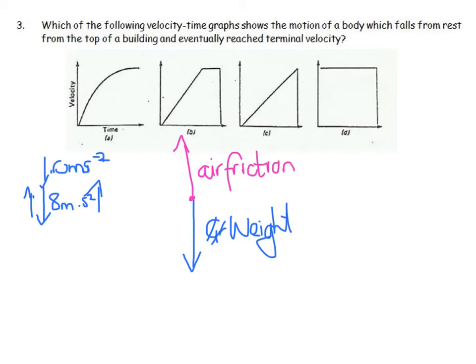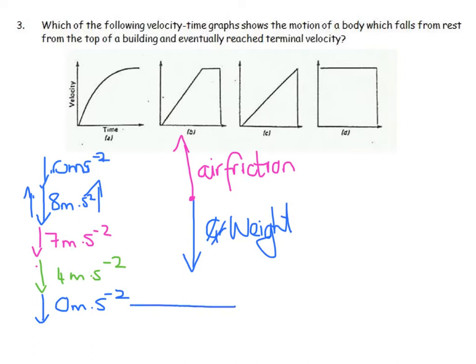Air friction keeps getting larger and larger, so the acceleration keeps getting less and less, because there is going to be, slowly but surely, more opposition to the downward force of weight, until eventually there is zero acceleration. Zero acceleration does not mean that this object is slowing down or that it has stopped. It just means that it is going at a constant velocity.